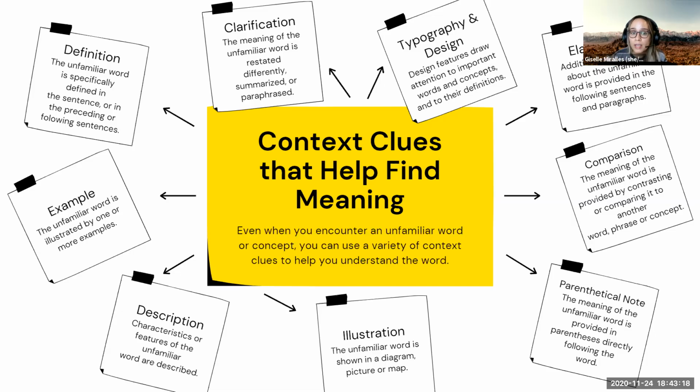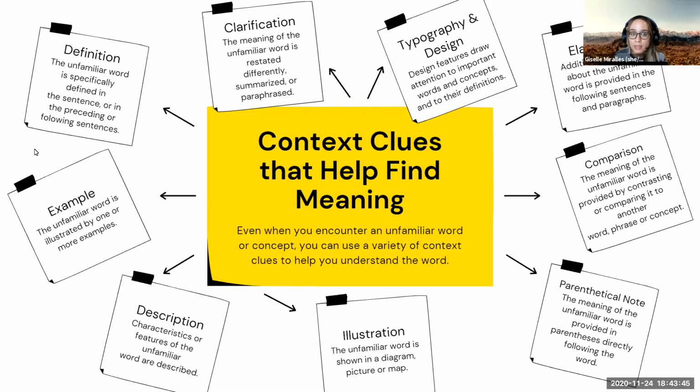The second way that you can use context clues to help you understand a word is to find a definition. This is when the unfamiliar word is specifically defined in the sentence or in the preceding or following sentences. Excuse my typo for following. Some signal words that will help you find definitions are "which means."